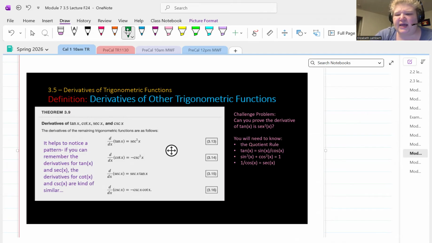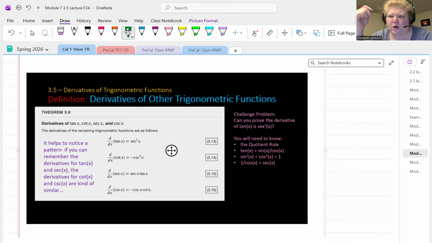So I want you to think, like, if tangent is sine over cosine, oh, well, the derivative of sine over cosine, that's a quotient rule. Which, like, oh, why'd you do that, Dr. Liz? I know. But what does our quotient rule end with? Low d high minus high d low, square the denominator. Our denominator is cosine. So we'll have a cosine squared on the bottom.